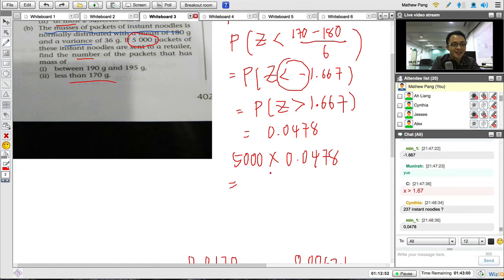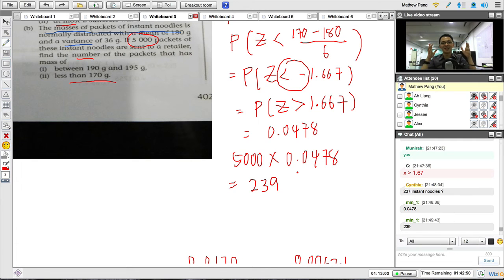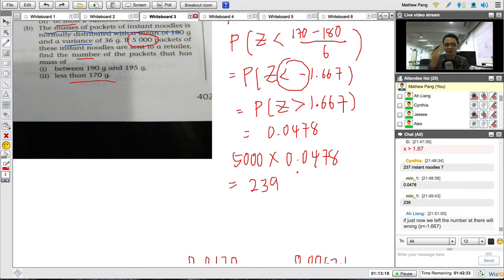This time I got a nice number, which is 239 instant noodles. It means among these 5,000 instant noodles, I got 239 where the mass is less than 170 gram. If you are the consumer, you might lose a bit because you buy the small package of instant noodle. This is the meaning of less than 170 gram.